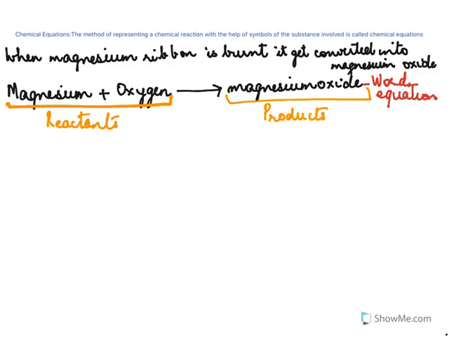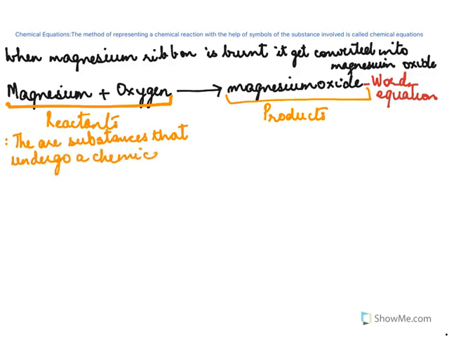So how would you define reactants? You would say reactants are the substances that undergo a chemical change, whereas the new substance that is formed is called the product.